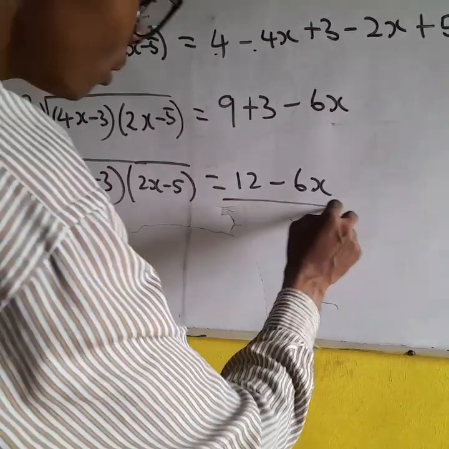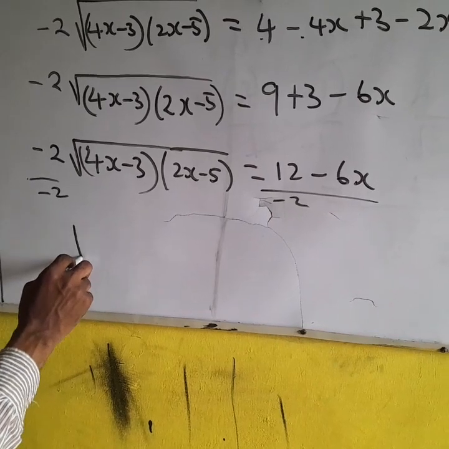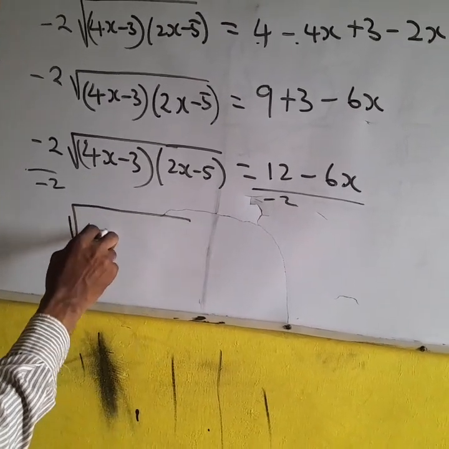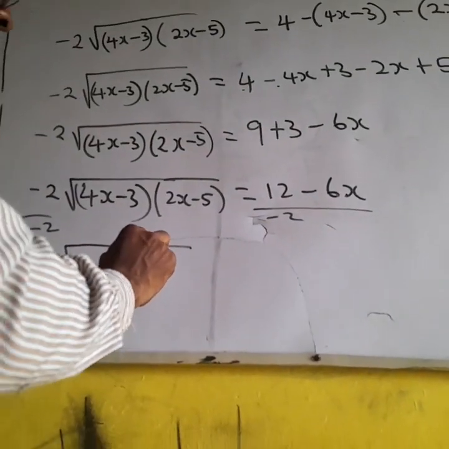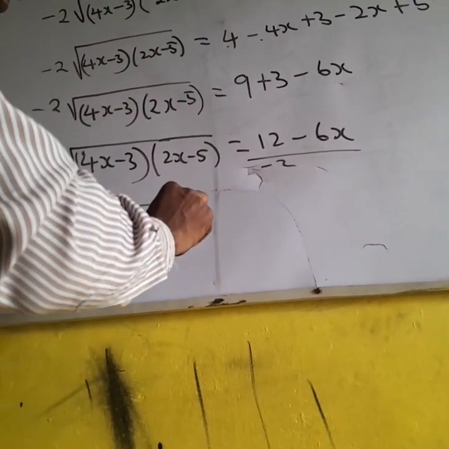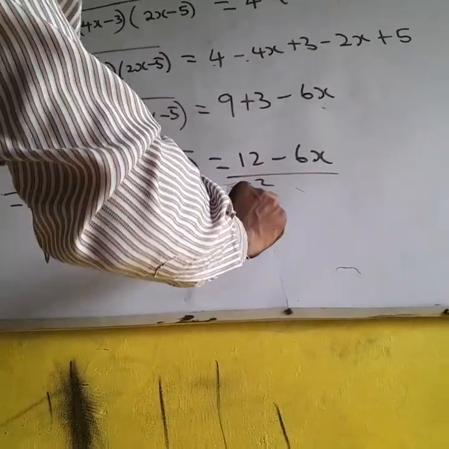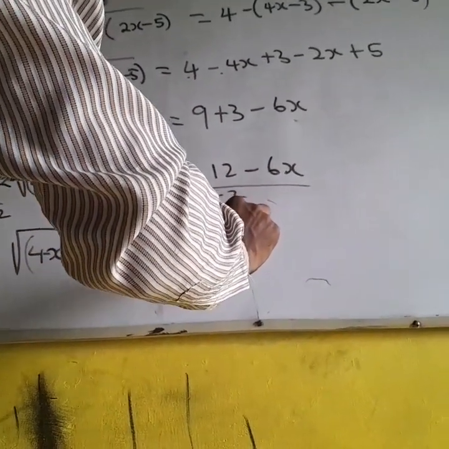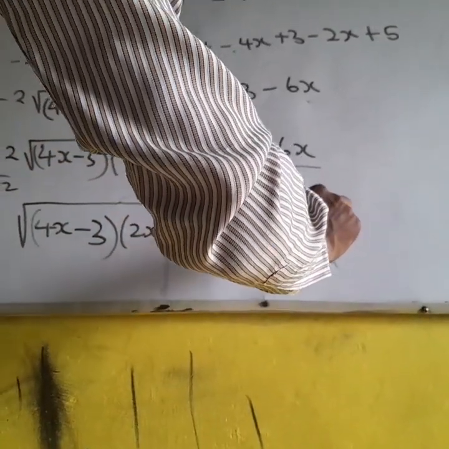If you divide both sides by minus 2, you are going to have root of 4x minus 3 times 2x minus 5 equal to 3x minus 6.